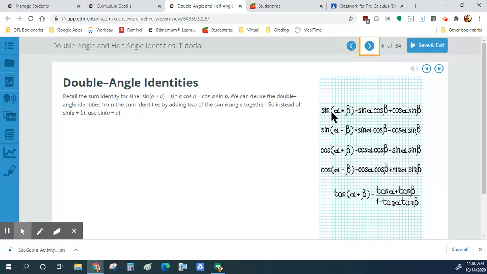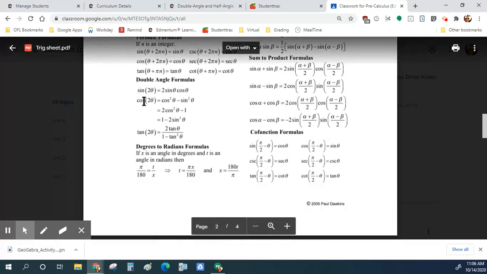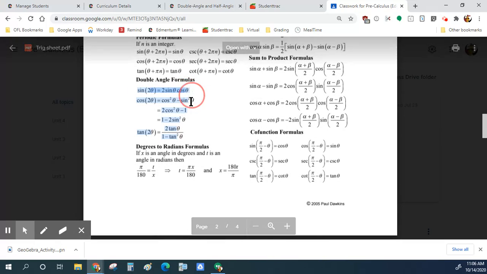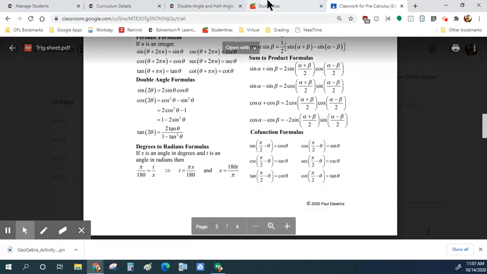So let's take a look here. These are our identities. Again, I recommend having your worksheet printed out or just having your double angle formulas printed out. You'll see here, they don't really repeat the cosine one. Double the angle of cosine can be written in a couple of ways, so they have that written out here.